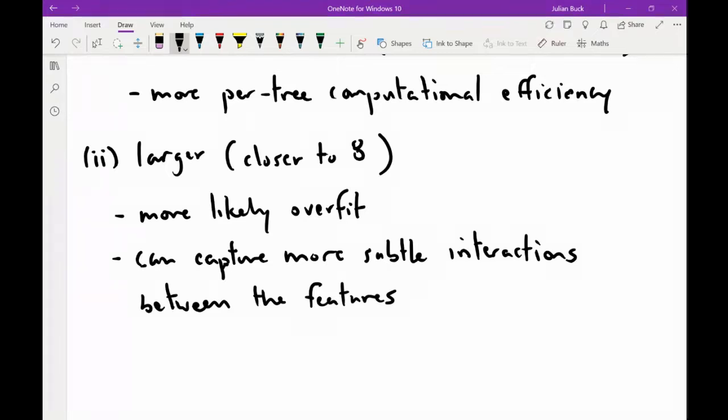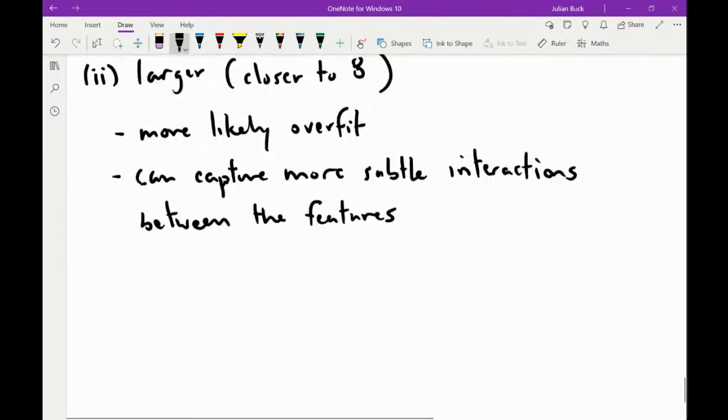Now remember, there are other ways that are helpful for controlling depth, such as minimum node size.